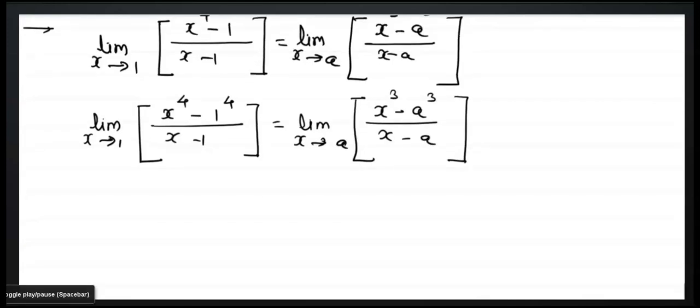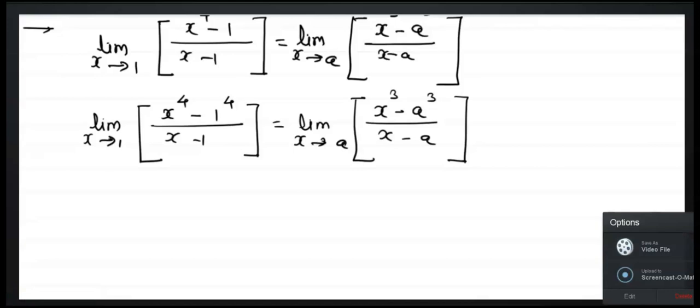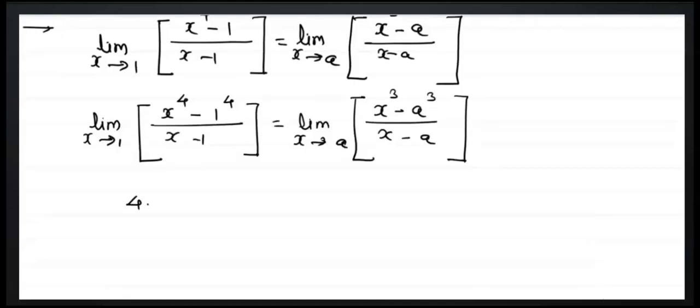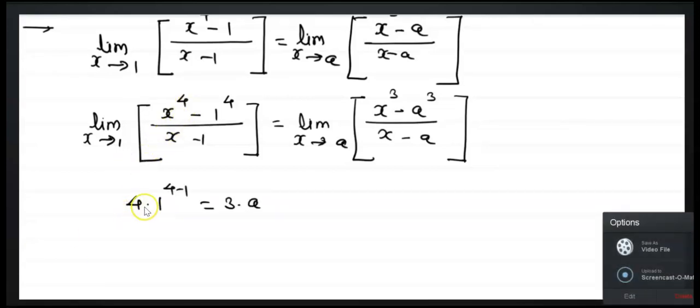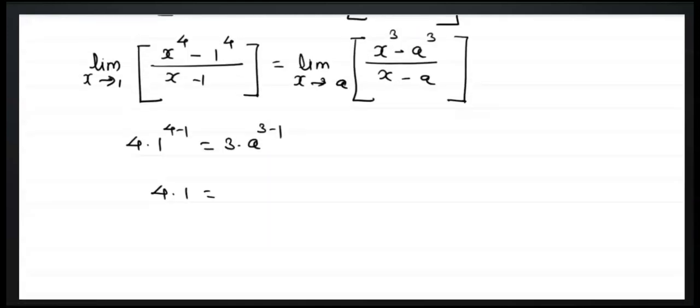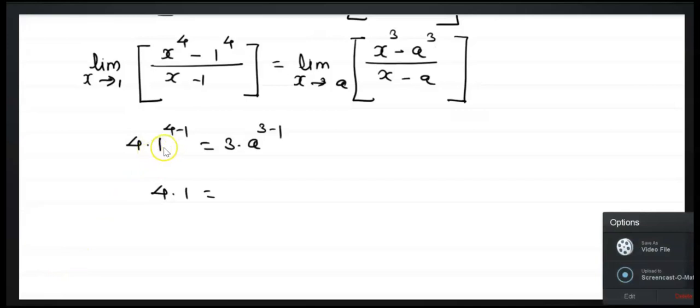Now we'll apply the formula here. This is the formula: 4 into 1 raised to 4 minus 1, and on the right hand side 3 into a raised to 3 minus 1. Therefore, 4 into 1 raised to 4 minus 1, that is 1, equals 3 into a raised to 3 minus 1.